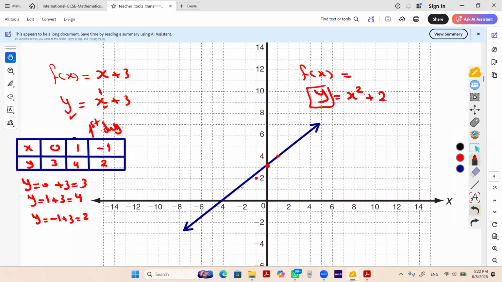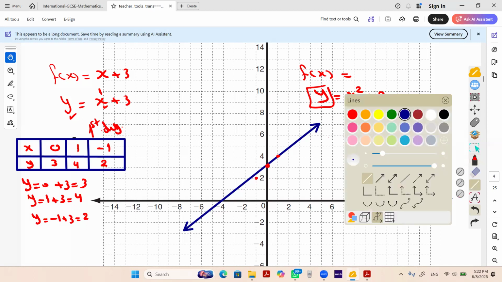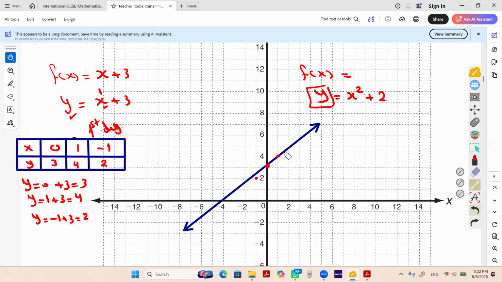Okay? So from the 3 points, we can draw the straight line which represents this relation.